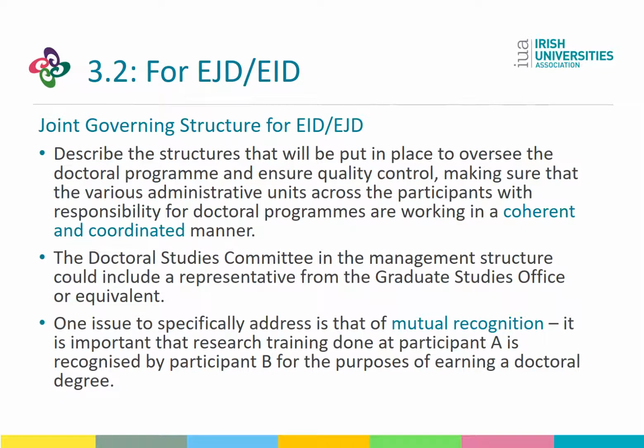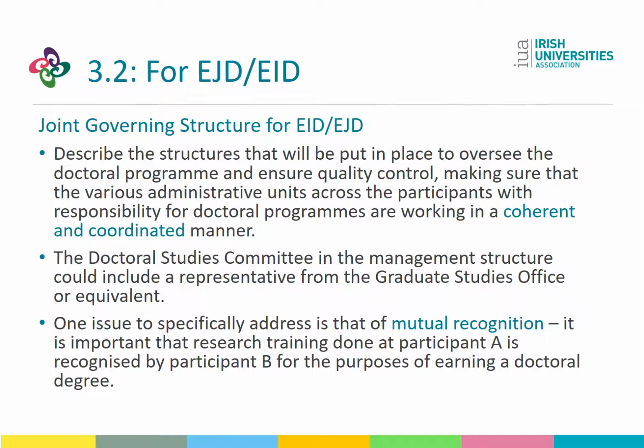Specifically for EJD and EID, a joint governing structure will have to be defined. So applicants will describe the structures that will be put in place to oversee the doctoral program and ensure quality control, making sure that the various administrative units across the participants with responsibility for doctoral programs are working in a coherent and coordinated manner.